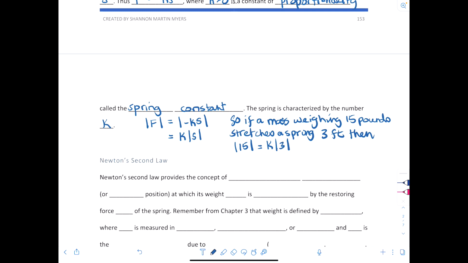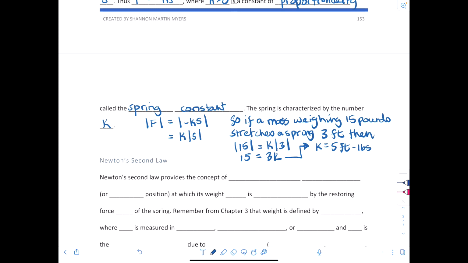And so we would get 15 equals 3k, so k is equal to 5, and that would be in foot-pounds. And so that is your spring constant.